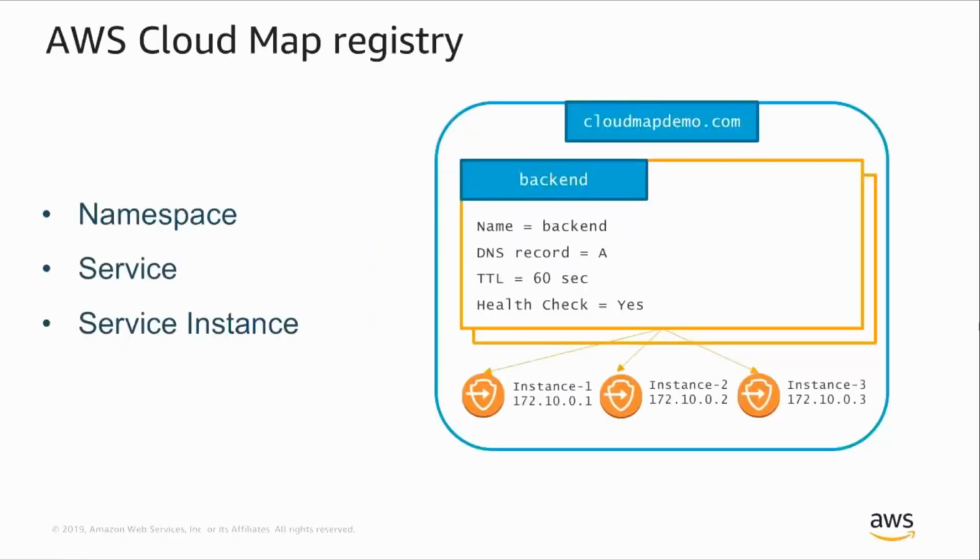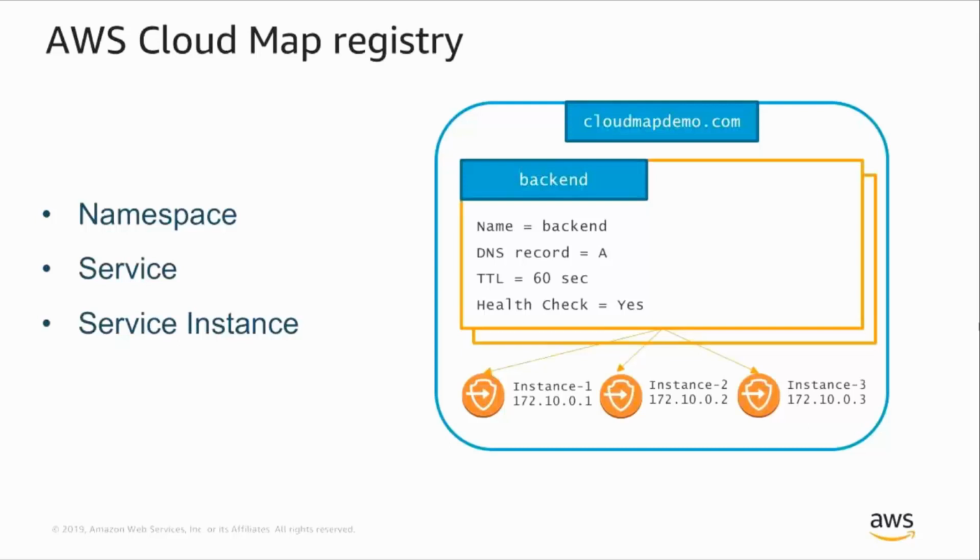Also, how it works. AWS Cloud Map service registry is comprised of 3 levels of hierarchy. On the top level, we have namespaces. Namespaces are groups of services with common visibility and common discovery options. The service is the next level. Services are the most important things. You discover your services.